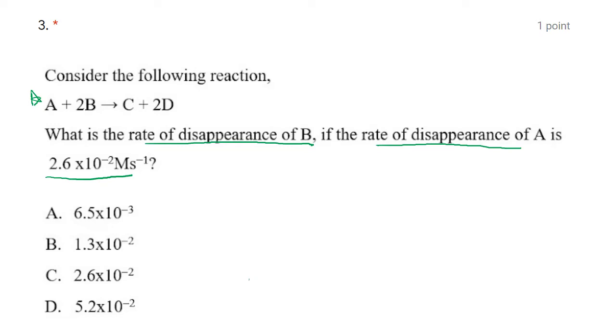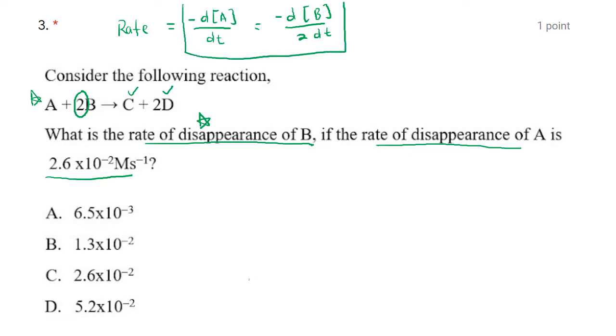Once we look at the term rate of disappearance, so basically we know we need to write down the differential rate law, which is rate equal to negative d concentration A over dt, and then equal to negative d concentration B over 2 dt, because of the coefficient of 2 for the B. Okay, since this is an objective question, if you didn't write completely for the C and D, then it's okay. So then from here we have the relationship between the A and B.